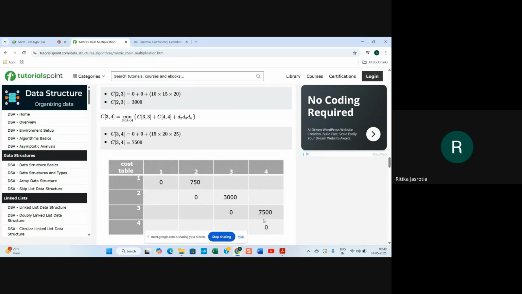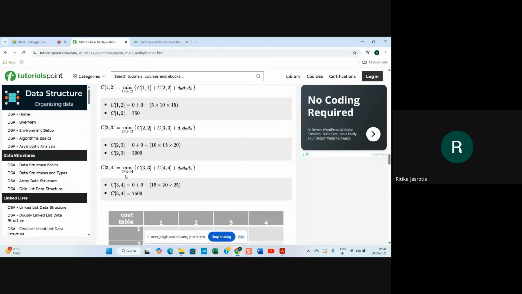Then the next index where i is less than j is 3 4. Again, min over 3 less than or equal to k less than 4, so k is 3. So 3 3 is C(i, k) plus C(k plus 1, j), which is k plus 1, 3 plus 1 is 4, and j is 4.